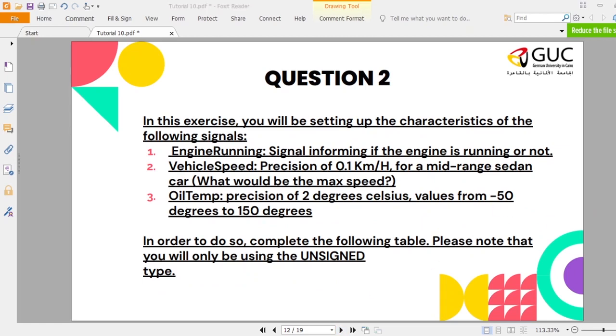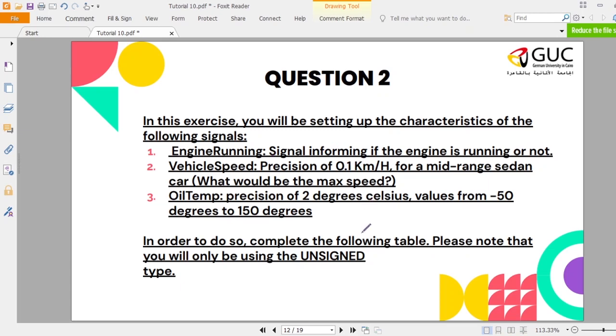The next question is the same as question 1, but in a shorter manner. In this exercise you will be setting up the characteristics of the following signals. We have 3 signals: running engine, a signal informing if the engine is running or not. The second one is vehicle speed, and the precision is 0.1 kilometer per hour.